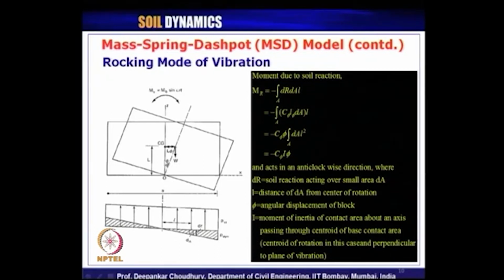So, this much is the maximum amplitude. How much is the linear displacement going to occur? You can multiply it with respect to the height of the foundation. That will give you how much displacement is going to occur in this direction.